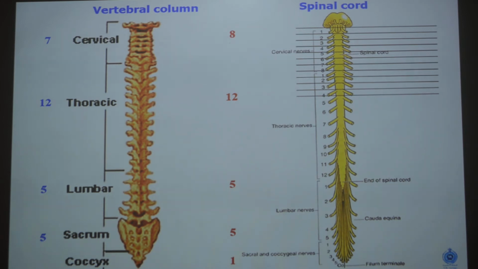But when you get an injury, somebody is coming to you in an ER and you do an X-ray and you find out, for example, there is a fracture of T12. Now, you need to know which spinal segments could be involved if there is a fracture of T12. So how would you be able to correspond the vertebral levels with the spinal segments?